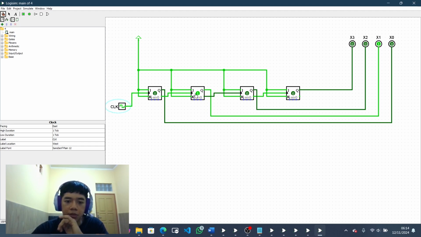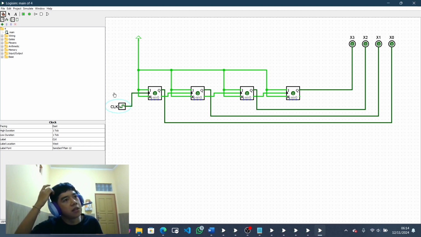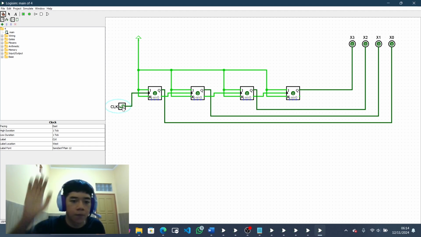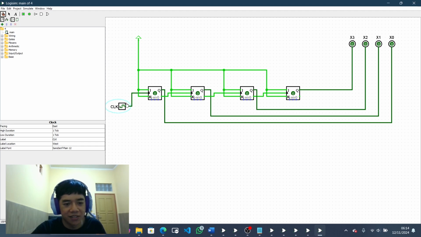So when this JK flip-flop executes, it's actually a delay by two clocks. Well, what I mean is, there's a delay of two clock ups and downs. That's a simple way I can put it. So when this is up, this is once, down, this is twice, and up again.